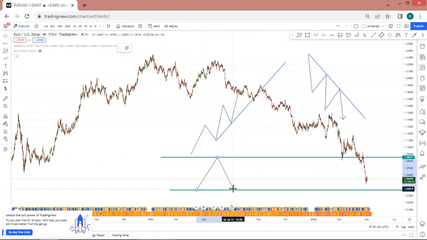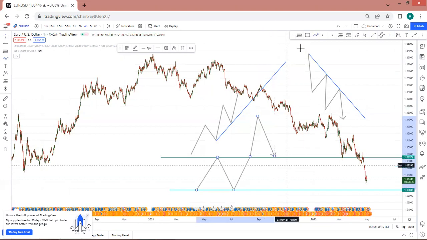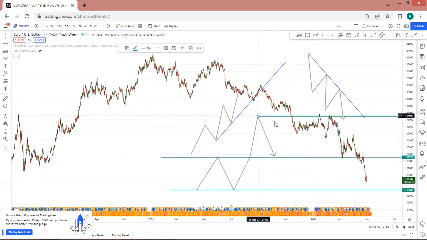A support level, and coming up here, this has turned to a resistance level. If the market breaks this part by moving up, then comes back to touch this, this has turned to a support level, and we're having a new resistance level, which is this one here.